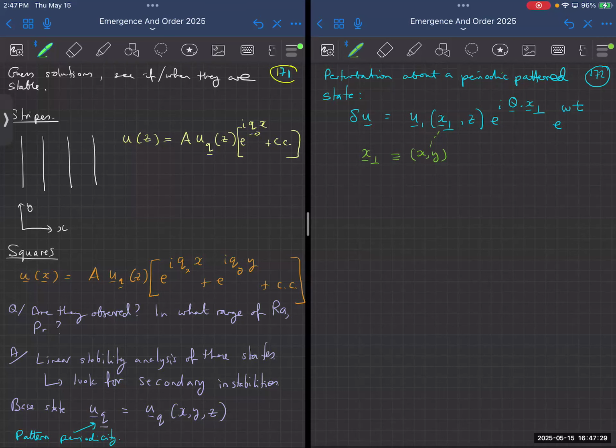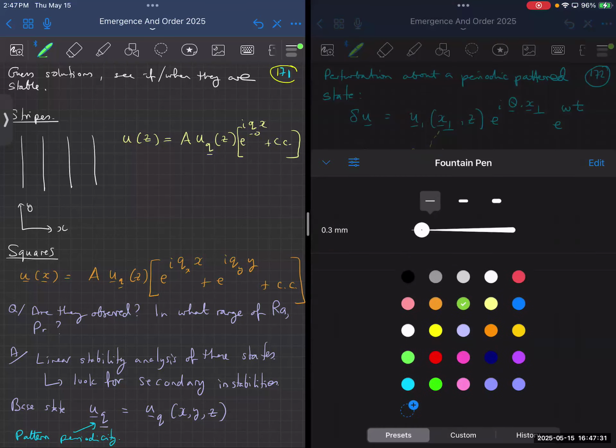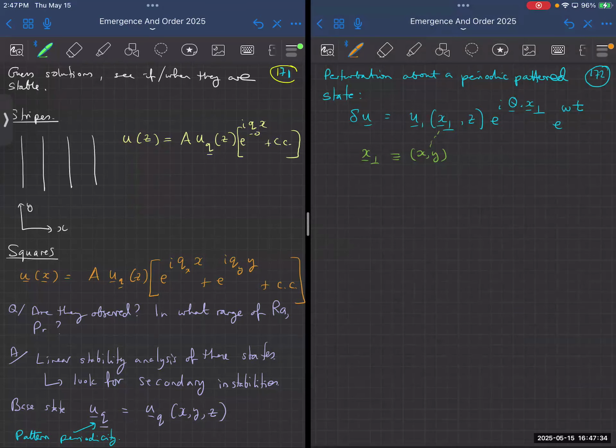So then you might say, well, okay, so what is this omega? Well, you might say, oh, this omega just depends on q, just like we did before. Omega is a function of q, but it's not, because it also depends on the base state that you're perturbing around.